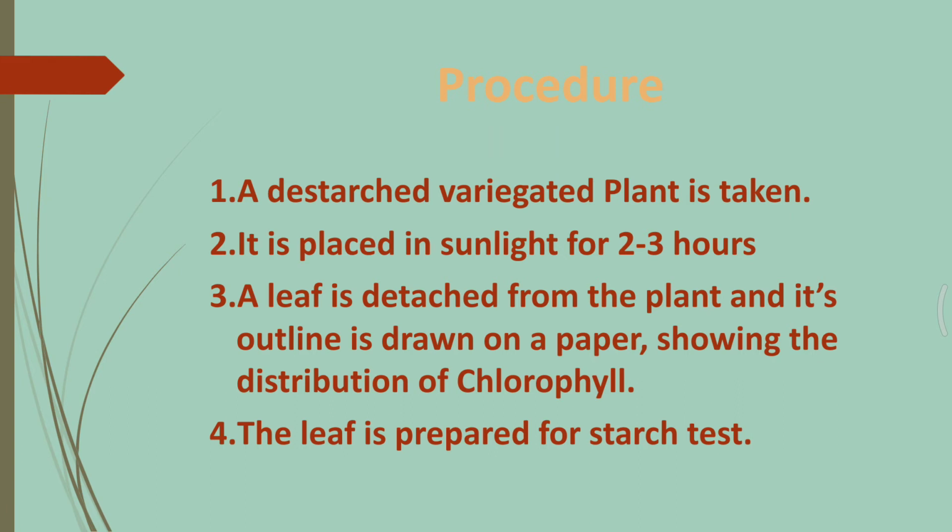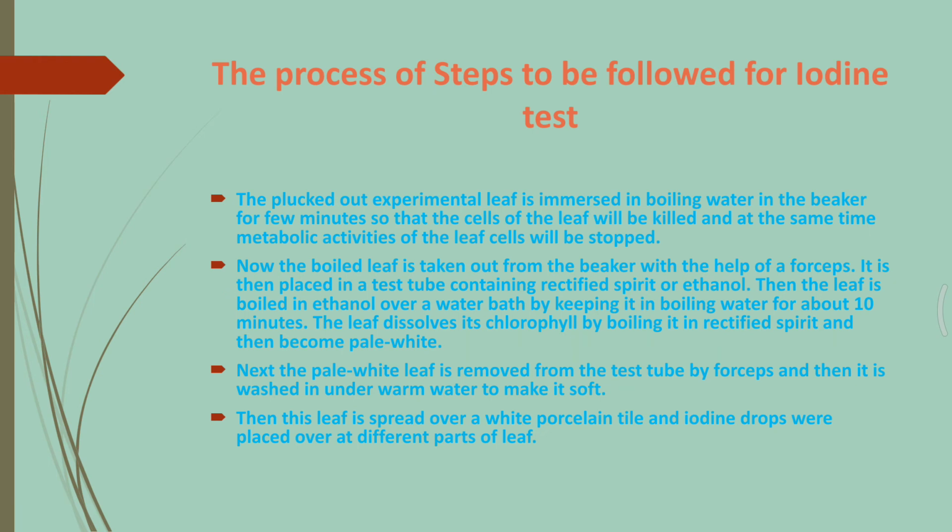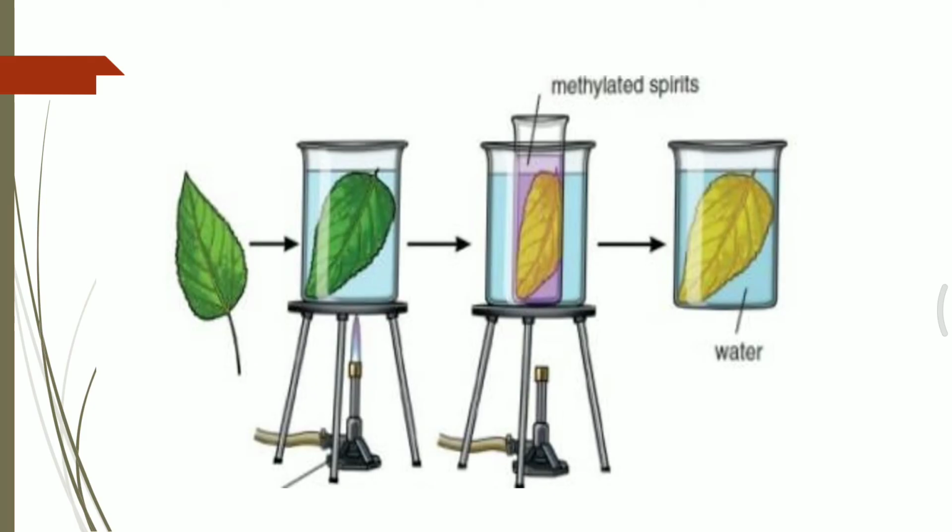After sketching the outline, you make some patches with the help of a pencil in order to show which portions are green. A rough estimation can be done, and just mark the areas which are green in the outline which you have made of the same leaf. After that, we perform the starch test. For that, we treat the leaf, at first, by placing it in boiling water.